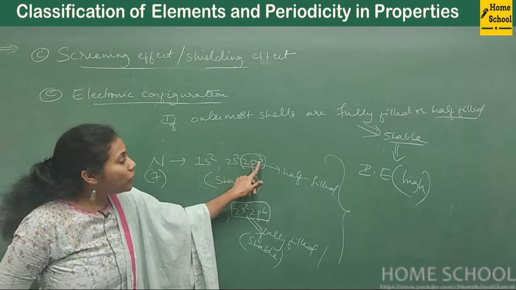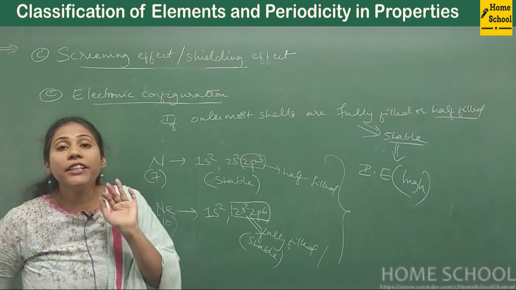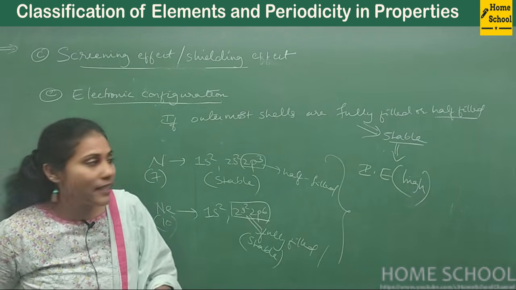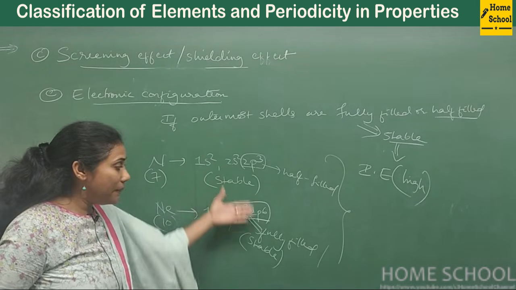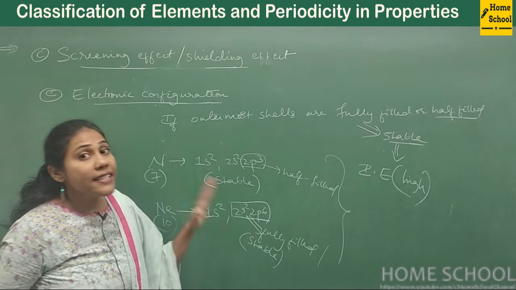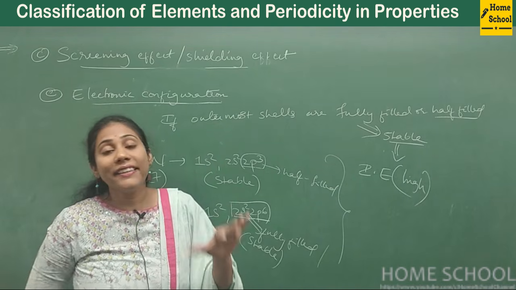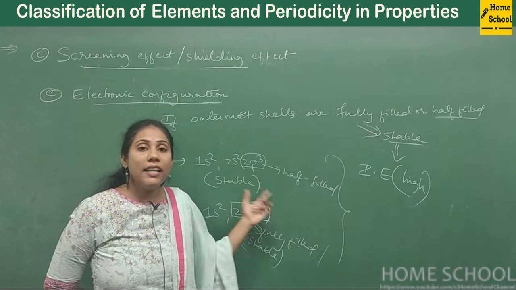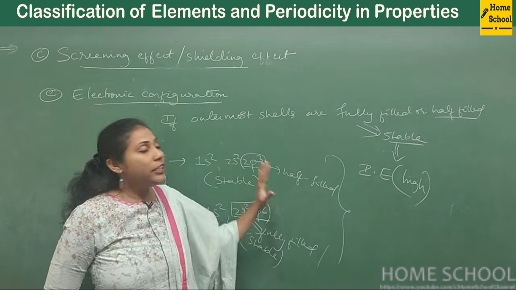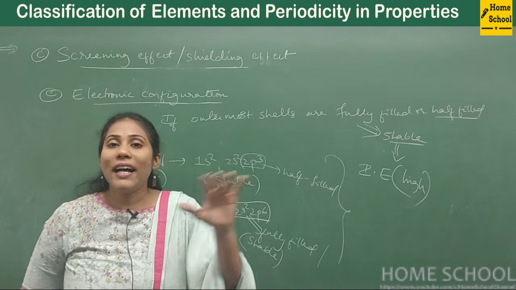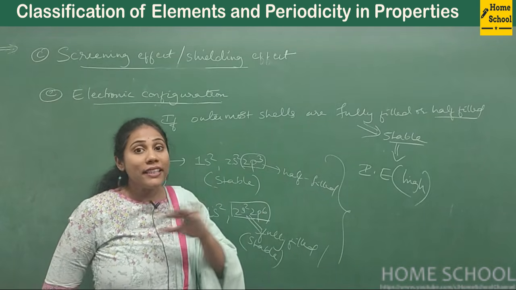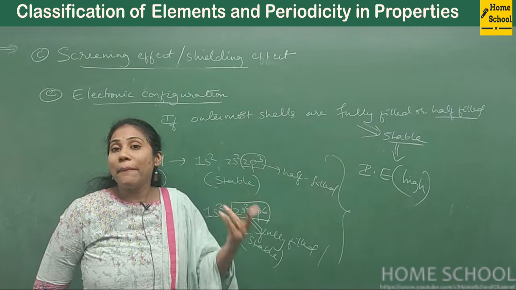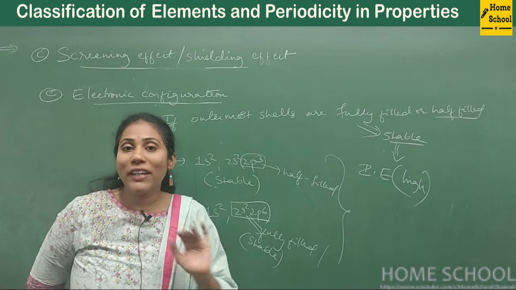So what I want to summarize is, if any element has stable electronic configuration, you will always expect more ionization enthalpy. So these are the 5 factors you have to keep in mind.